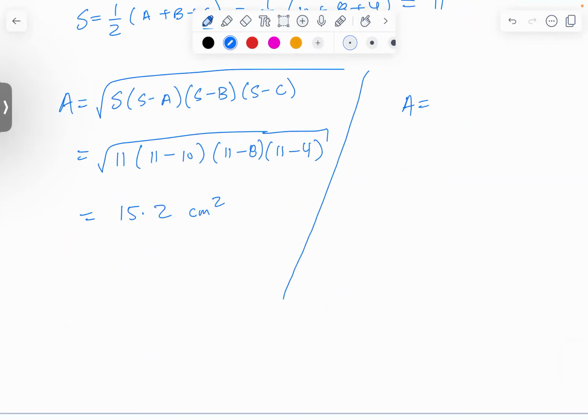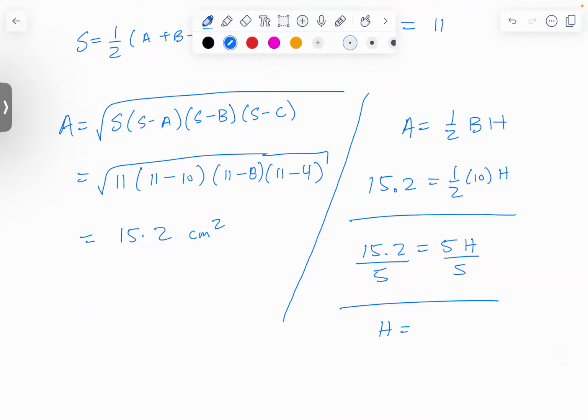So now I can actually calculate this down to find what the height of this triangle actually is. 3.04 centimeters.